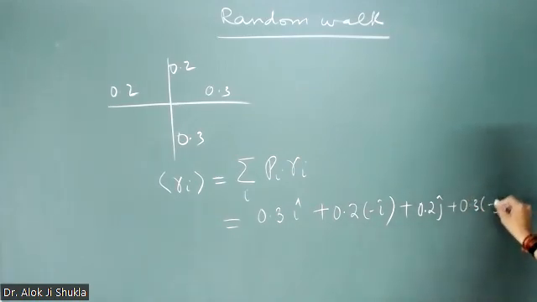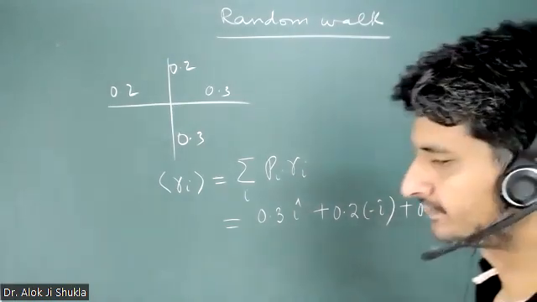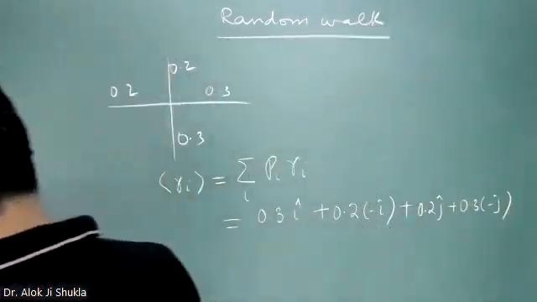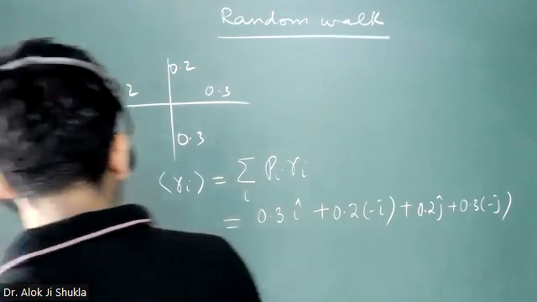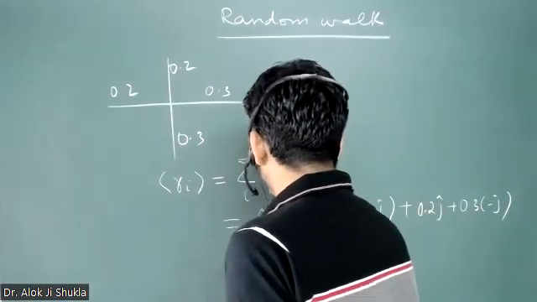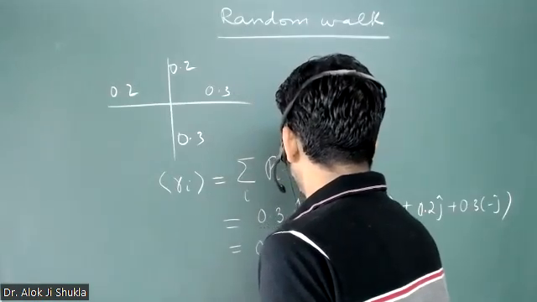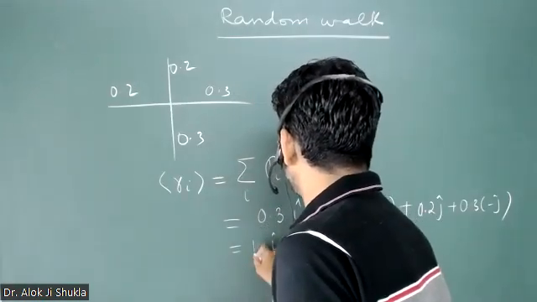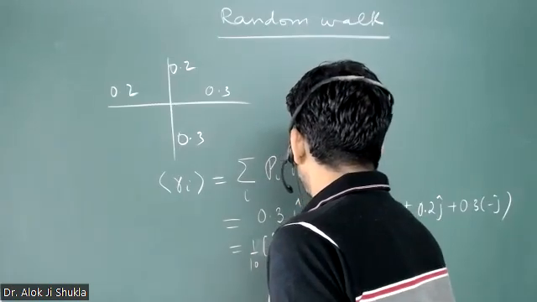So what will we get? 0.1 i cap minus 0.1 j cap, that is 1/10 i cap minus j cap.